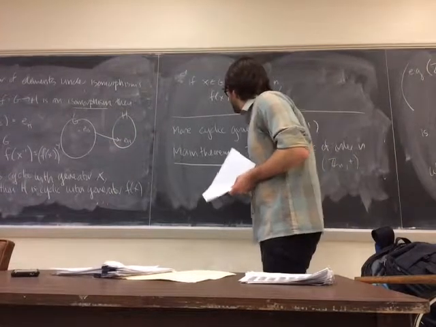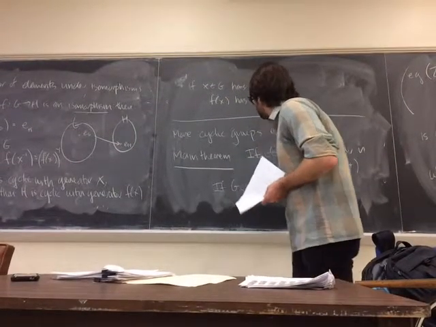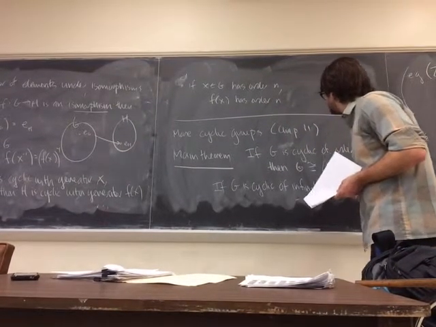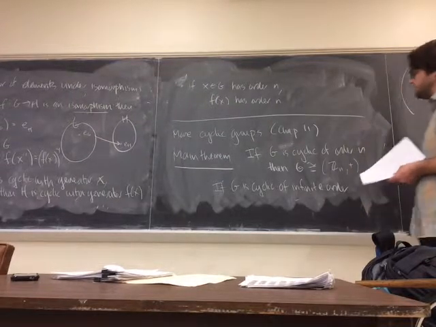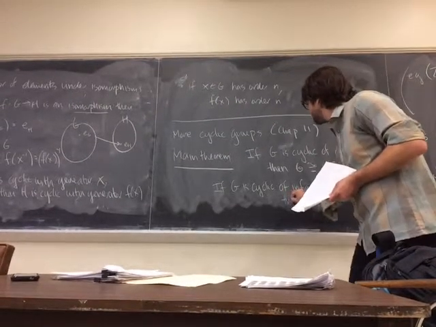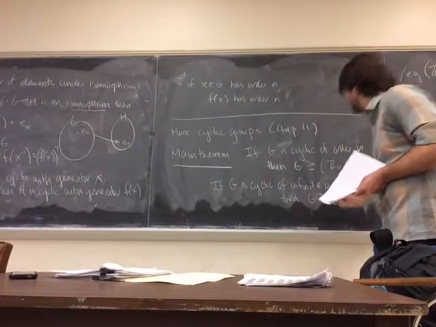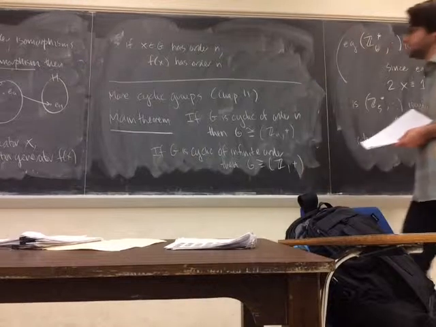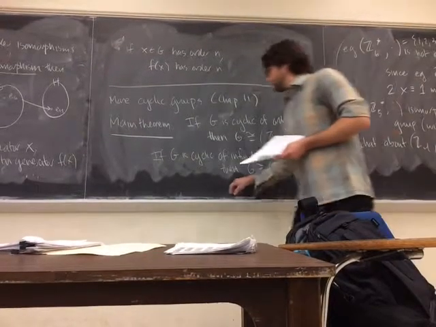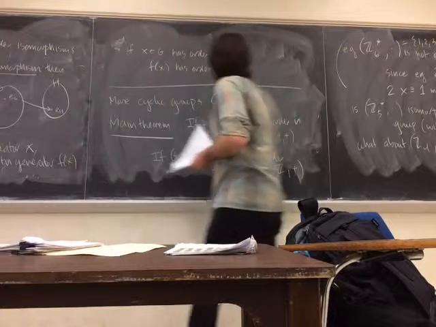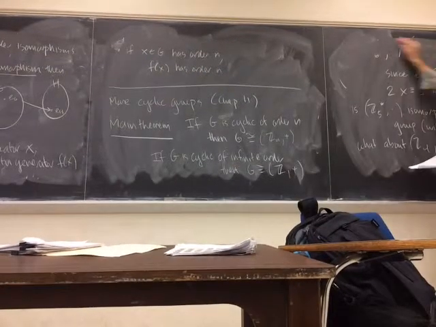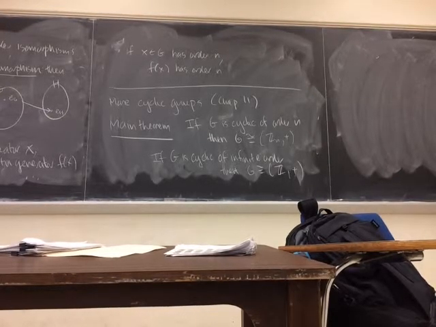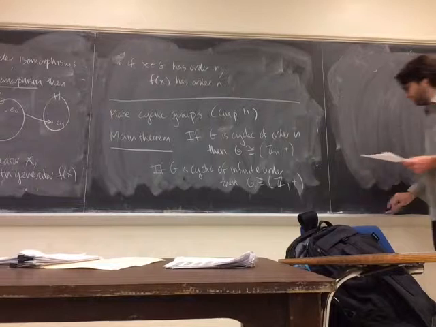If G is cyclic of infinite order, then G is isomorphic to, what is it? Z with plus. Okay, so cyclic groups are nice. They're simple. There's not many of them. There's exactly one up to isomorphism for every cardinality.